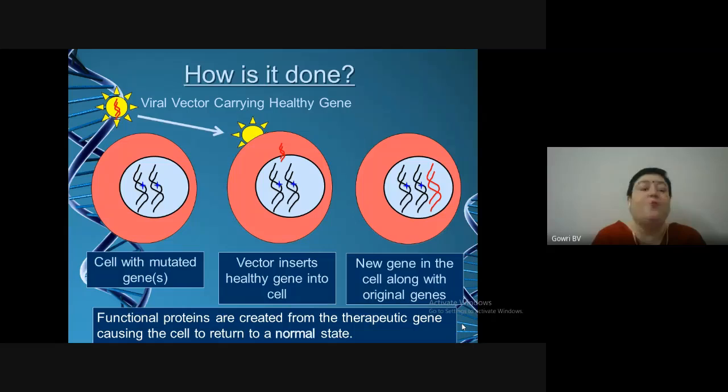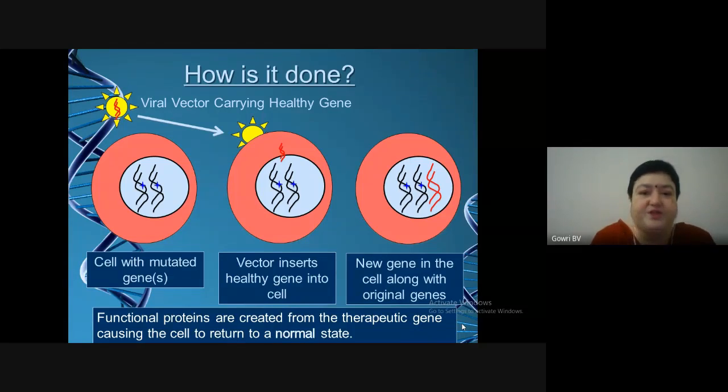So it is a viral vector carrying the healthy gene. Below that, you have 3 different circles depicting the cell. The first cell on the left-hand side is the cell with mutated genes. The mutated portion is marked in blue in the double-stranded DNA molecule in the left-hand picture. So, a cell with mutated genes.